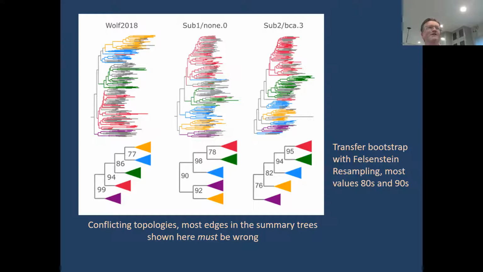So now I'm taking one of the replicates and using the standard Felsenstein procedure, and what comes out are these high bootstrap values. So I reproduce the fact that we get high bootstrap values, but I get different topologies. So these can't all be right. One conclusion we can certainly draw is that you can get high transfer bootstrap values for wrong trees.